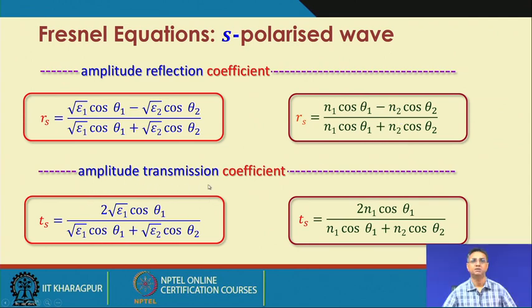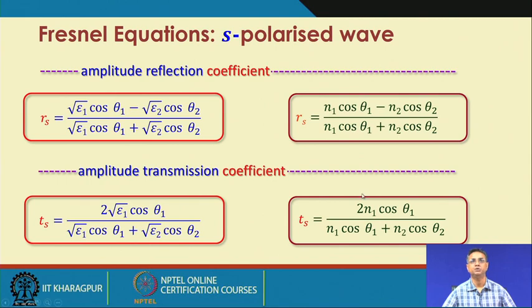For the amplitude transmission coefficient, we can write this equation in this form. So, t s will be equal to this. So, we have these two equations for the reflection amplitude coefficient, and this is for the transmission amplitude coefficient.